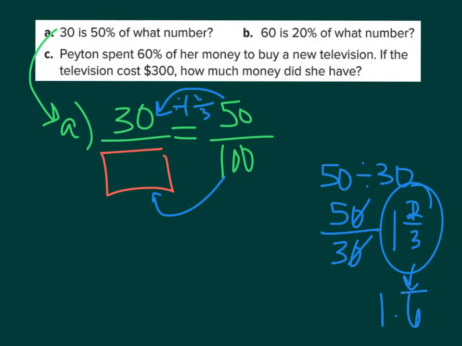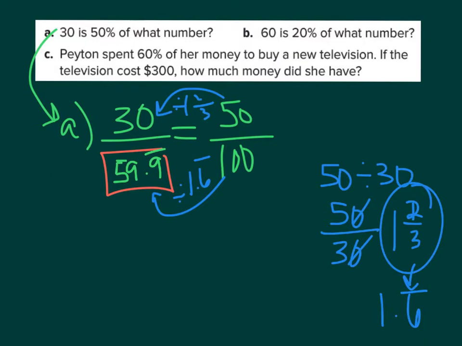So if I divide 100 by 1.6 repeating, and I did type this in on a calculator, I would actually get 59.9 repeating.